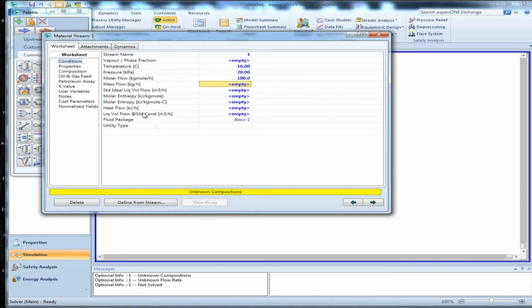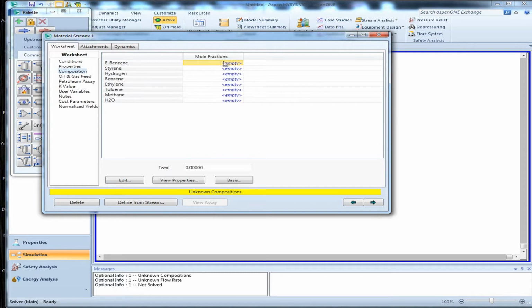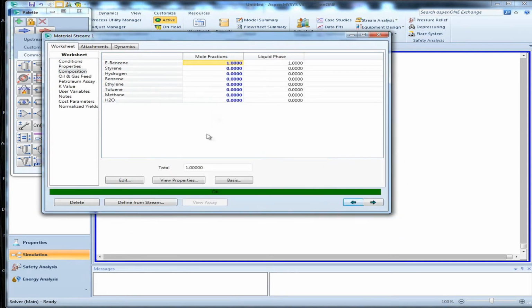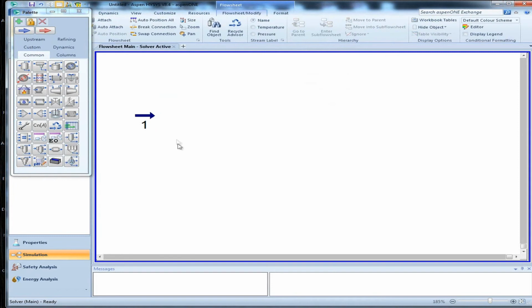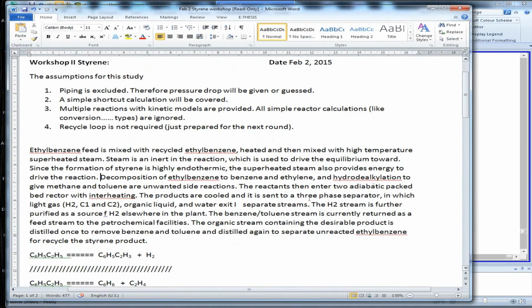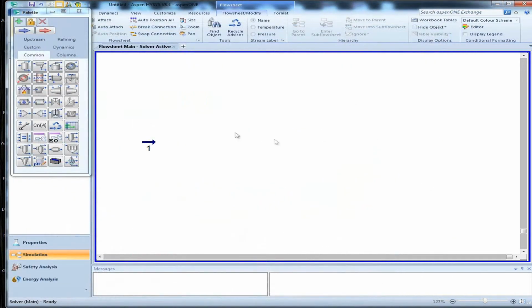However, it requires the composition of that. As a pure feed, it's quite easy.